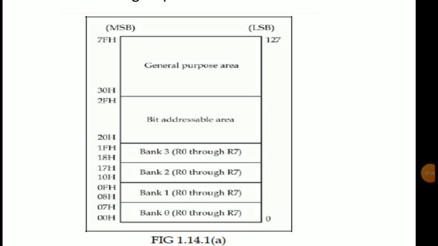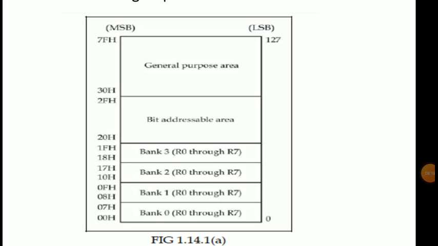If you see the bank 0 address, it is from 00 to 07H. In previous video lessons, when we learned the register structure of 8051, the first type of registers, that is general purpose registers, we have the accumulator and B register along with these register banks. There will be 4 banks, and these banks will be selected depending on the bank selection bits RS0 and RS1.